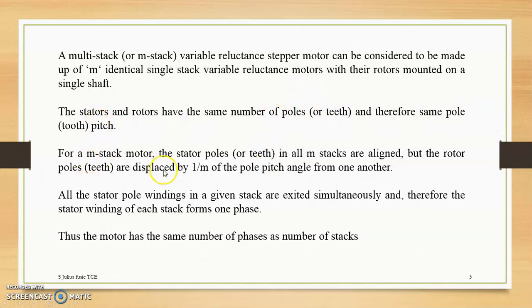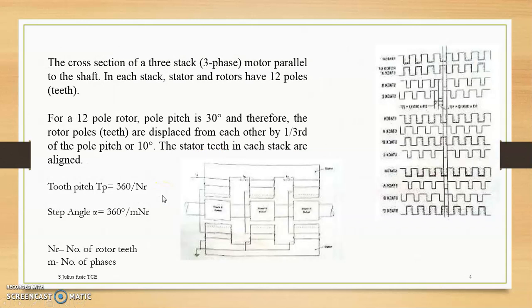The M stack of rotor will have the rotor pole teeth displaced by 1/m of the pole pitch angle. Here m represents the number of phases. Okay. Further, consider a system where the number of phases is 3 and the stacks are 3. Assume this is stack 1, stack 2 and stack 3, which are all connected with each phase.